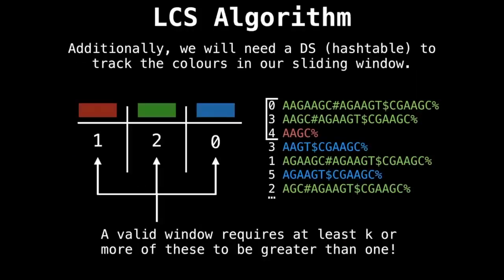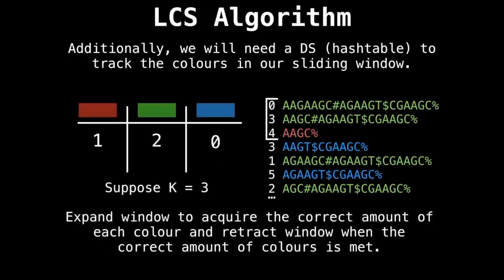So to implement the sliding window, we will also need an additional data structure to keep track of the colors in our window. I recommend using a hash table for this task. On the bottom left, I drew a table to indicate how much of each color we are capturing in the current window. A valid window will require at least k or more columns to have a value greater than 0.